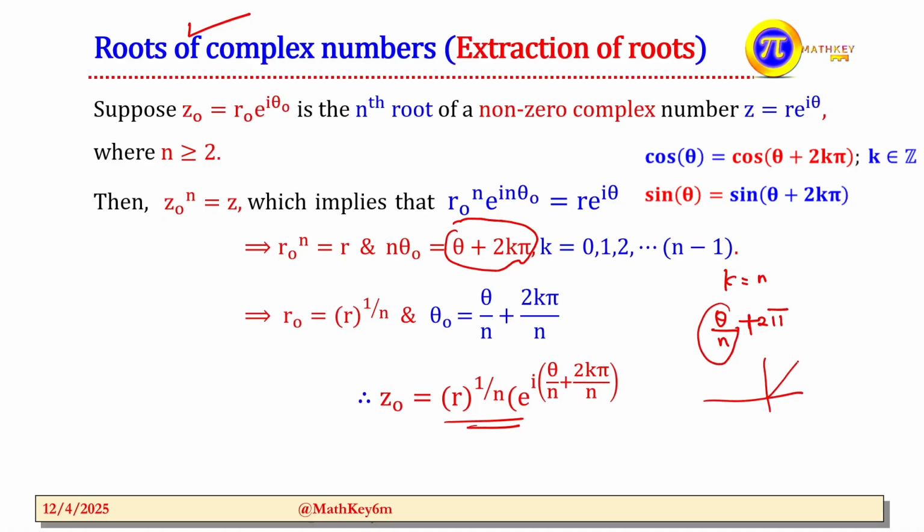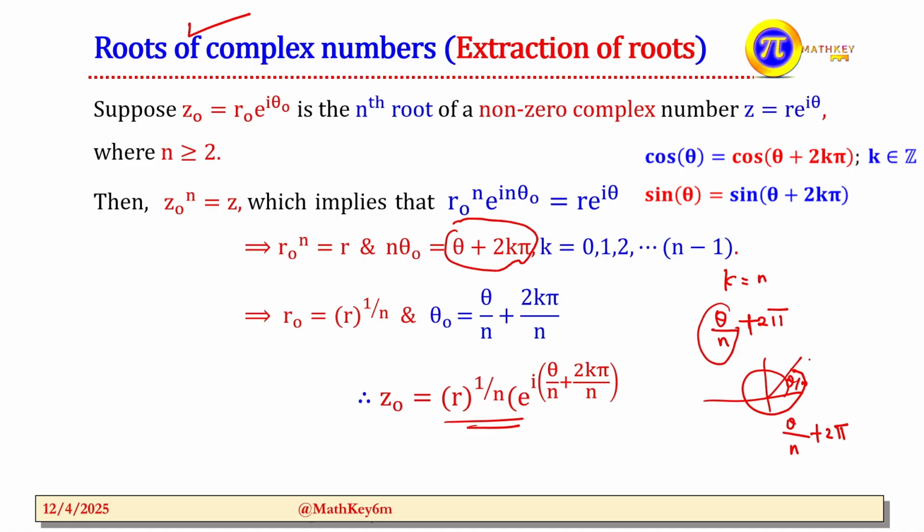If this is theta over n, then theta over n plus 2 pi terminates at the same place after a complete revolution. So they have the same trigonometric values.